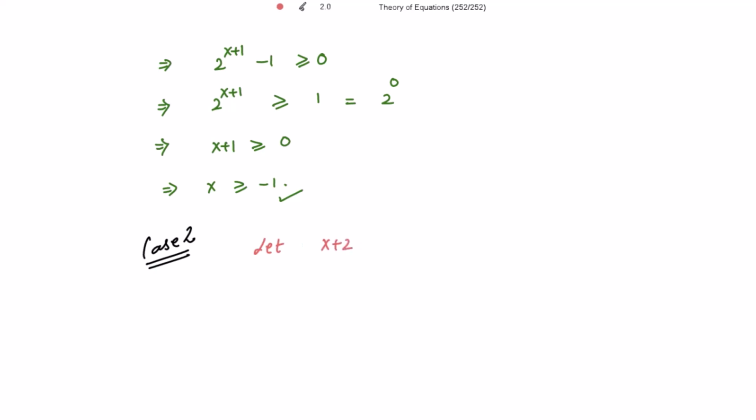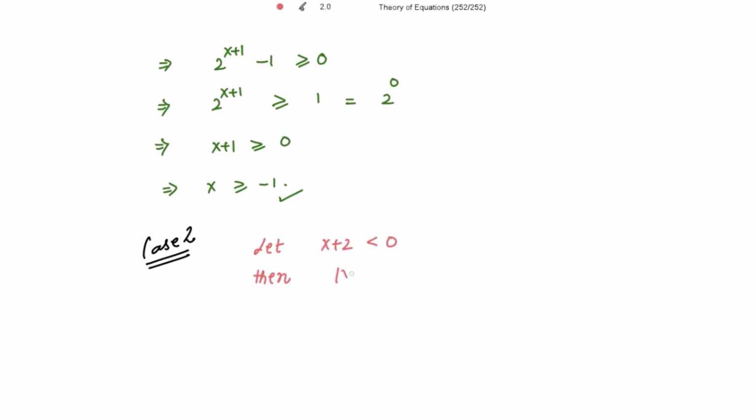That is 2^(x+1) ≥ 1. And this 1 can be written as 2^0. When equating the powers, we get x + 1 ≥ 0, which implies x ≥ −1. So for x + 2 ≥ 0, we get x ≥ −1. For case 2, let x + 2 be strictly less than 0.